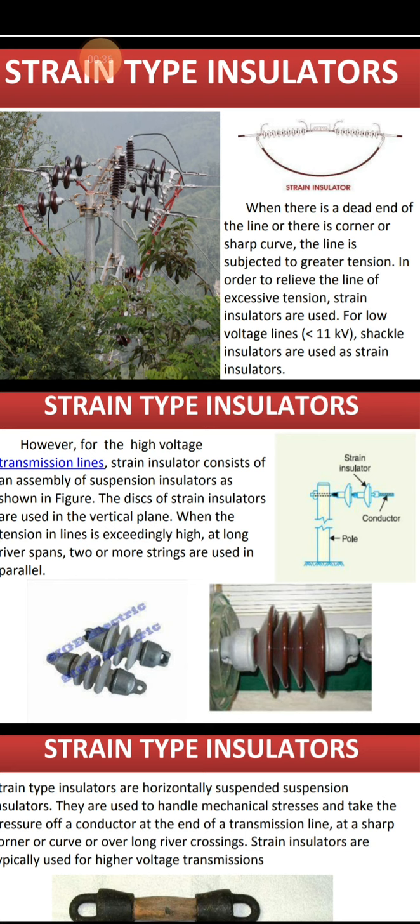That is the dead end. When it is a dead end, then obviously there is a greater tension. So for low voltage lines, which is less than 11 kV, normally shackle insulators are used as strain insulators, but for high voltage transmission lines, strain insulators consist of an assembly of suspension type insulators, and this is shown in the figure.